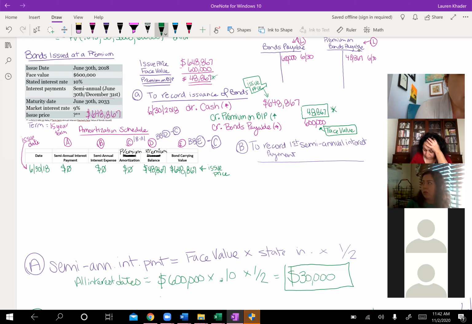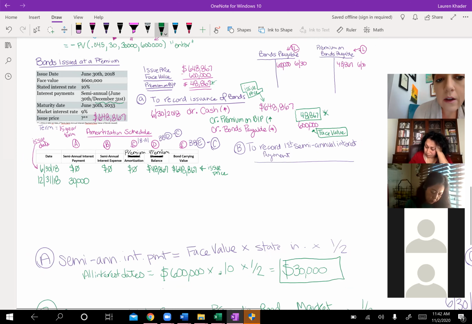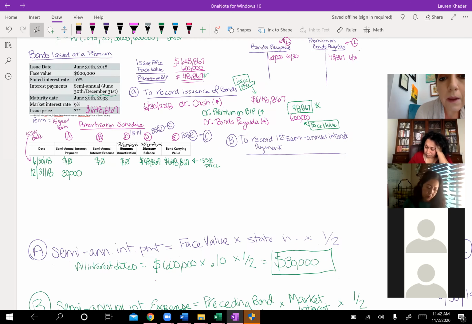The next date that we're going to include is 6 months later. So what's 6 months after June 30th? December 31st, 2018. Our first semi-annual interest payment date. We know that our interest paid semi-annually will be equal to 30,000. We did that calculation before, but we will need to calculate our semi-annual interest expense.